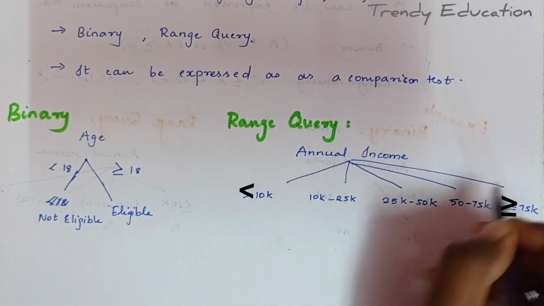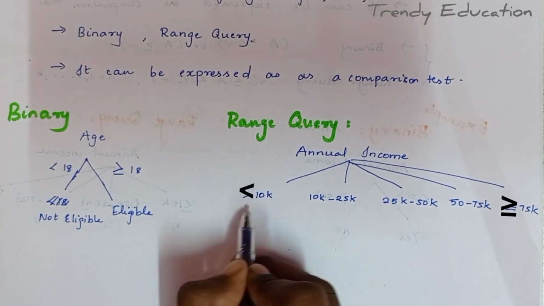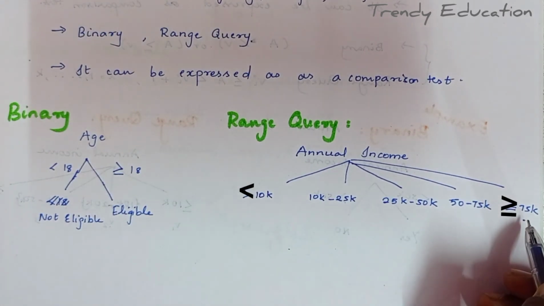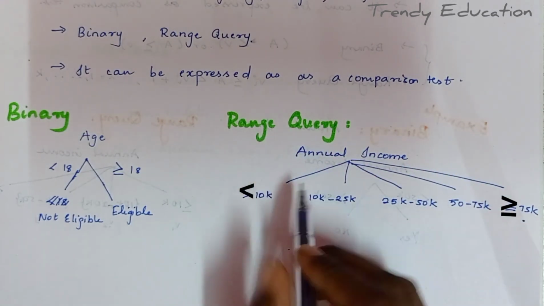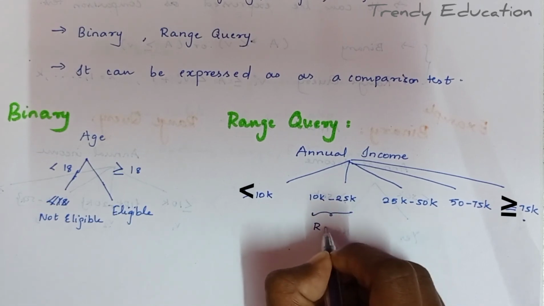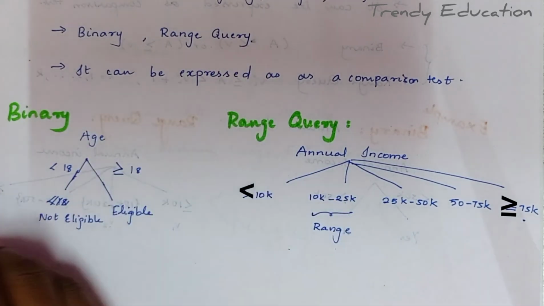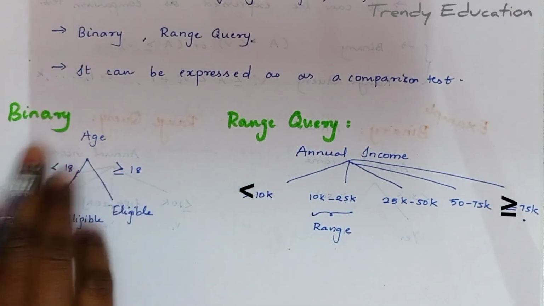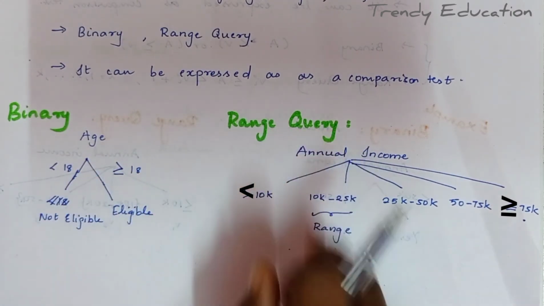As you can see, it is a range. This means between 0k and 10k, like that, and this means 75k up to whatever. This range is what is called a range query. It continues like this, but here we consider it as a binary outcome, whereas here it is a range query.